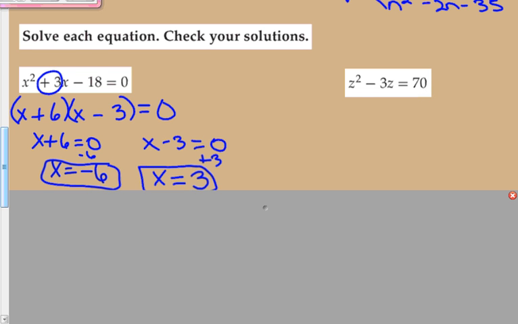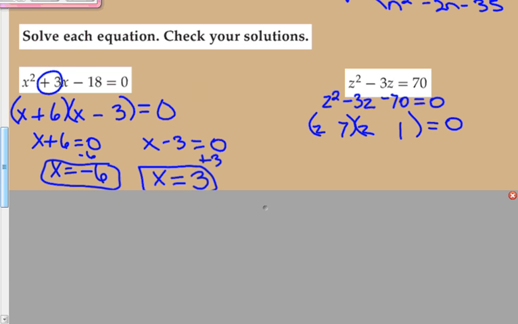Come over here and do this one, but it doesn't say equals 0, so you have to make it say equals 0. So we'll rewrite it, z squared minus 3z minus 70 equals 0. Bring the 70 over. Now we can factor it. All equals 0. We'll have our z's in each one. We've got a negative 70, so again, they'll be multiplied and subtracting to get 3. So two numbers that go into 70, 7 and 10.